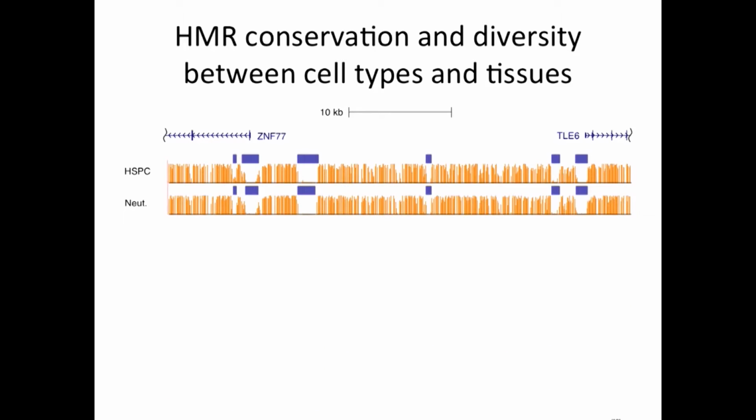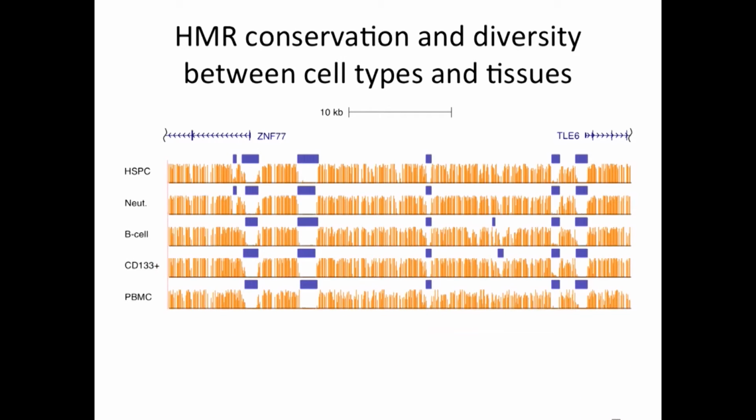Okay, so we've generated bisulfite sequencing data from many different cell types, and we've also taken advantage of publicly available data sets that pre-existed and are continually populating the public databases. But what we find is that in many cases, HMRs, and this is a hypomethylated region, just to be clear, an HMR, as we have defined it through this modeling of our bisulfite sequencing data, HMRs are conserved in many cell types.